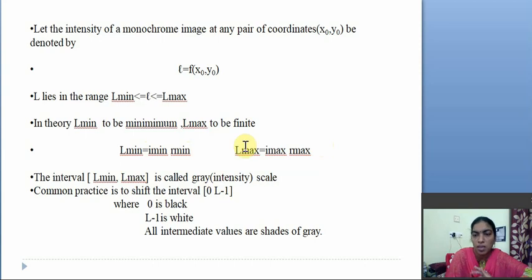The minimum is 10, no 0 there. If you observe all points here, L minimum is 10 and L maximum at any point is 150. That means there is no 0, 1, 2, 3 value, and there is no 151, 152 values, right? Based on the I and r values, we can get only these values, 10 to 150. The range is 10 to 150.